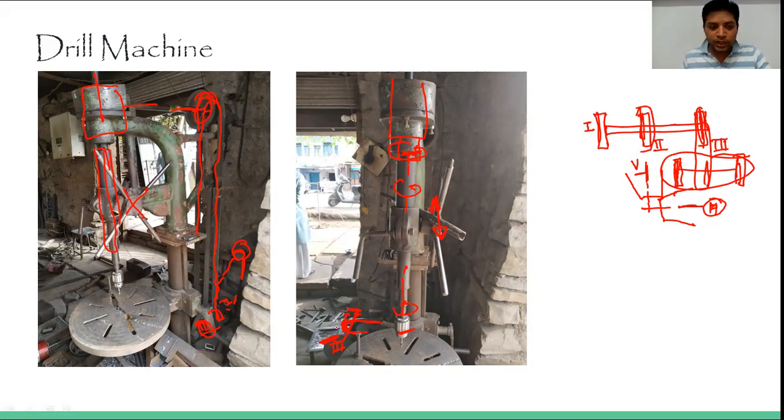And whenever you have to use the grinding operation only, just connect the second one with the third one and remove the belt from the second pulley. So this will not rotate, only the grinding will work in that case. If you have to use both, then mount both the belts on the respective pulleys. That's why I used this figure. I hope this machine is clear to you.